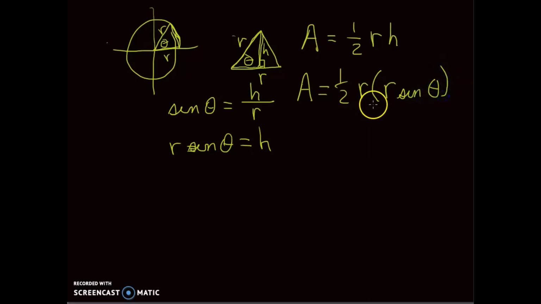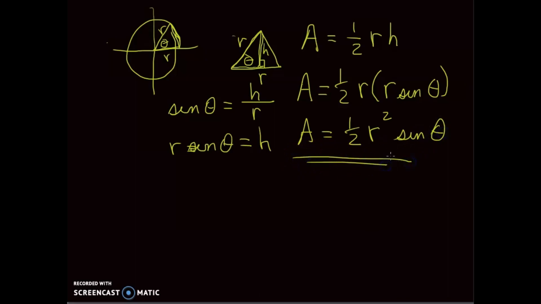And theta can be in radians or degrees or anything because we're applying the sine function. But notice those r's. So 1/2 r squared sine theta. That's where we get that formula. Like I said, do you have to memorize that? No, not necessary.